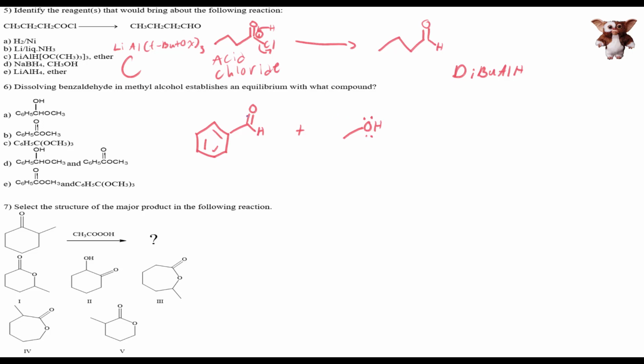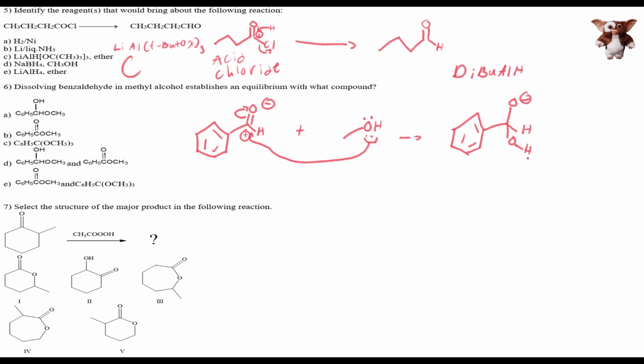So what we can do here is that this bond can break towards the oxygen, making this one negative and making this carbon positive. Now, the oxygen right here from the alcohol is going to be really reactive towards this carbon. So we now have a benzene ring. And here's my hydrogen, here's my alkoxide, and here is my other oxygen.